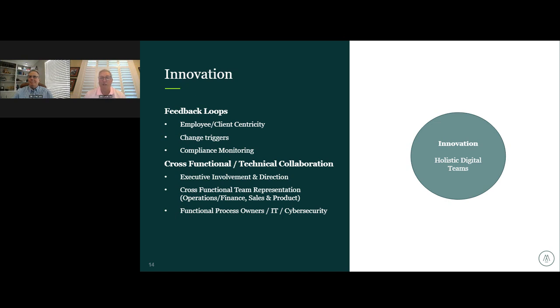and technical collaboration. So who should be on your team? It should be IT, it should be executives, it should be stakeholders in the business, whether that's by line of business, by process area that Chuck talked about.